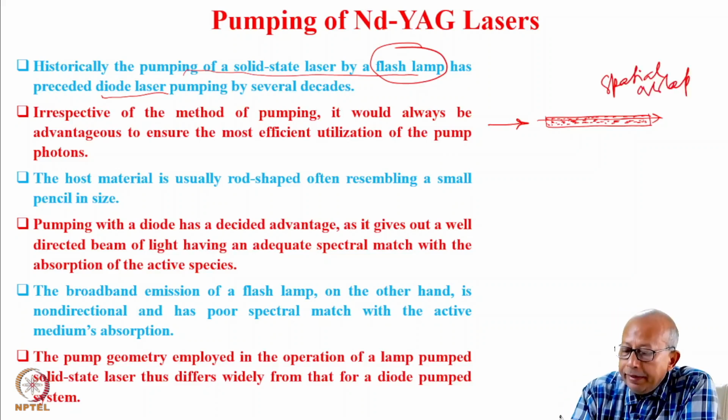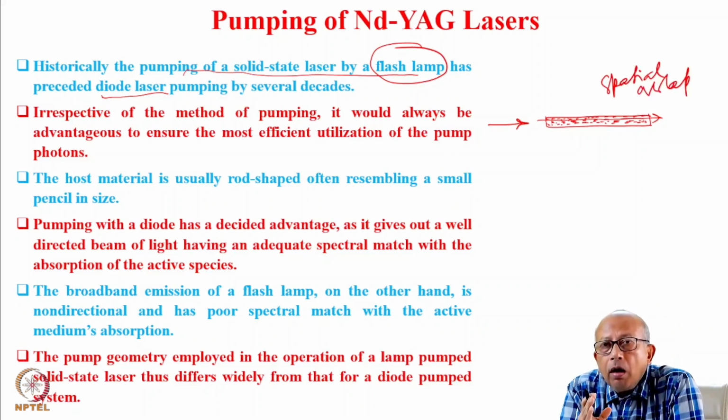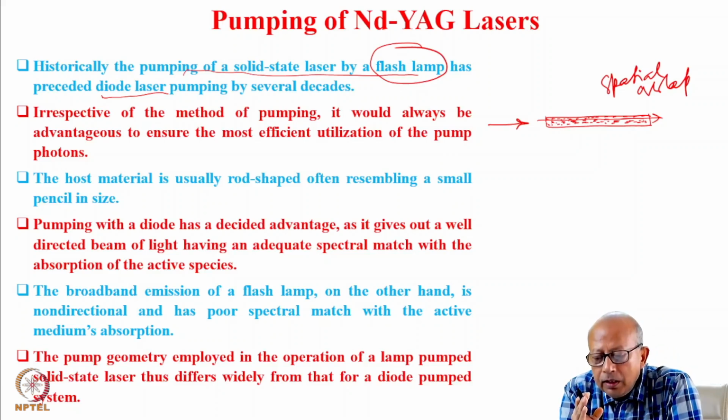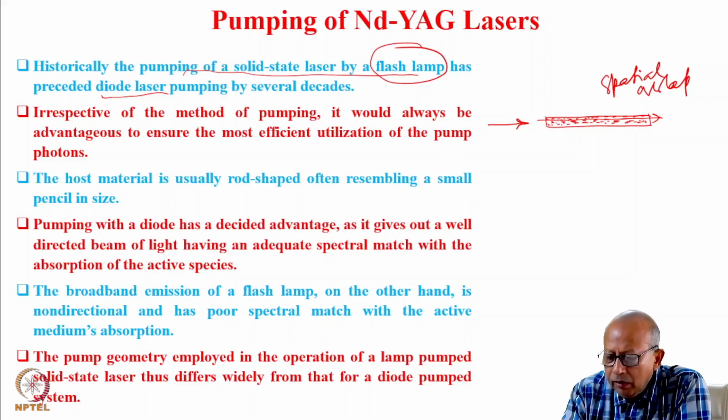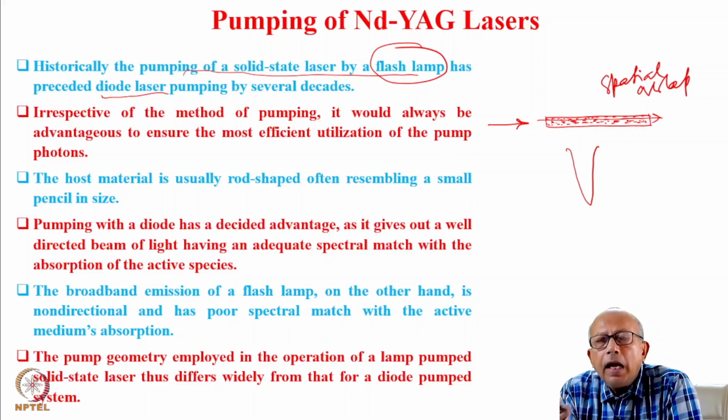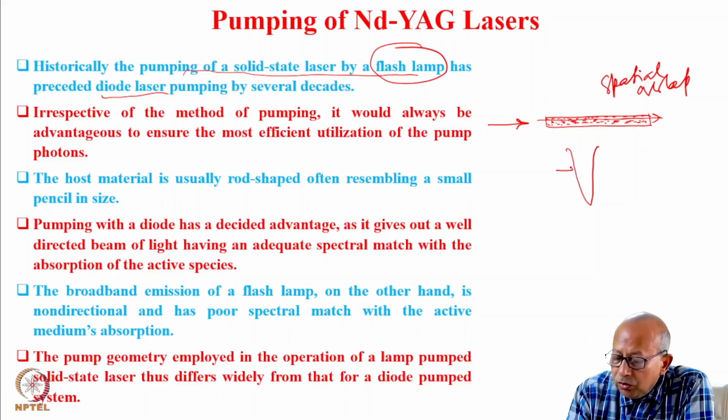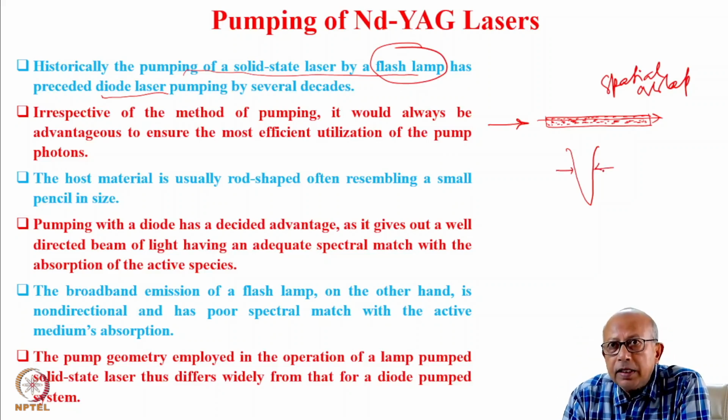And you can also choose the wavelength of the diode laser in such a way that there is a good overlap between the diode laser emission wavelength and the absorption center of the active light emitting species. They will have to absorb light before they emit their own light. So suppose the absorption feature is like this.